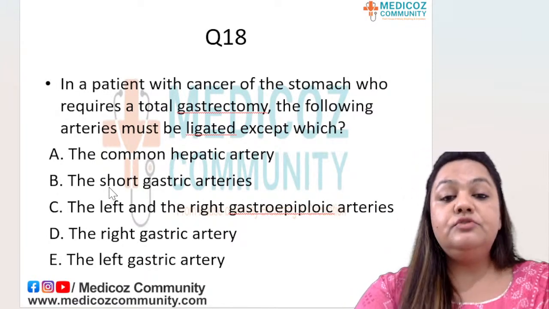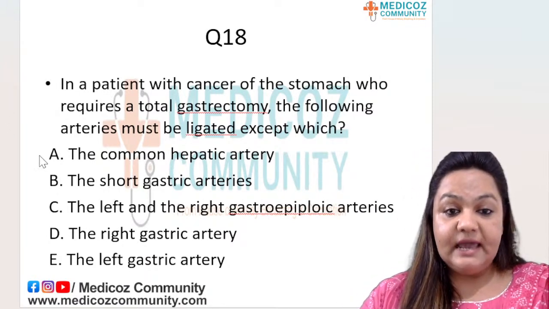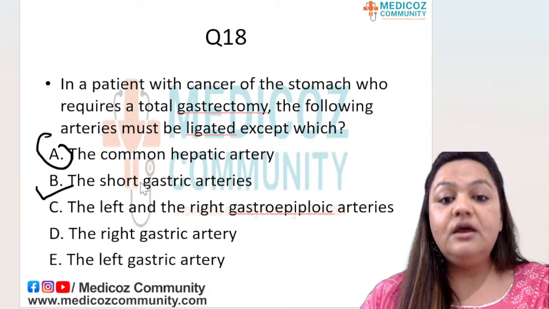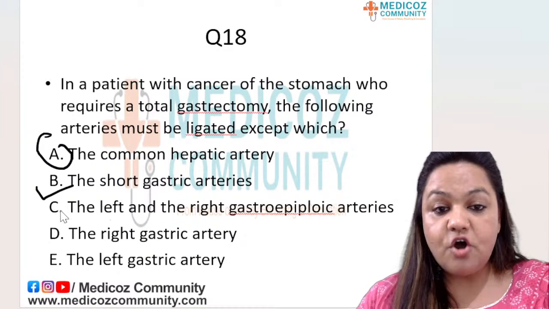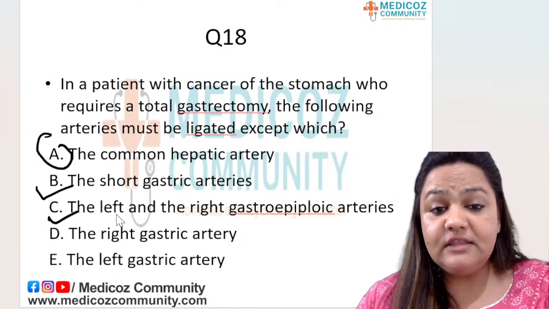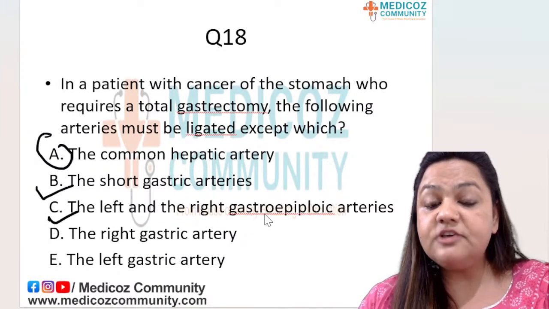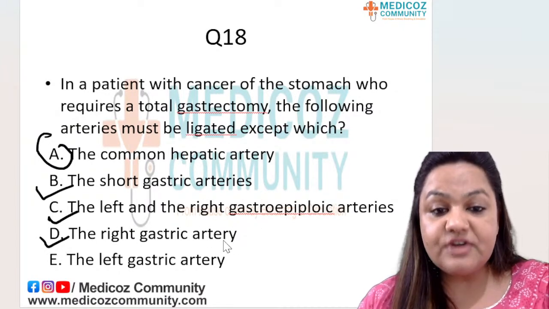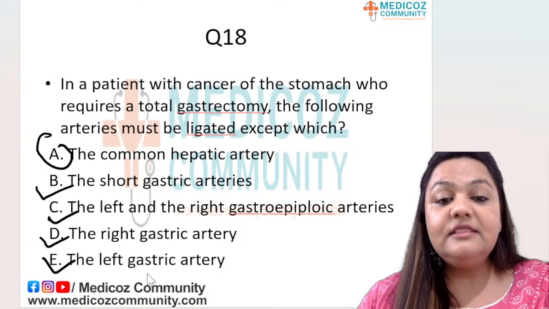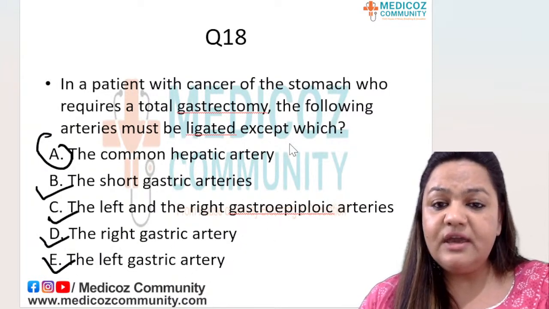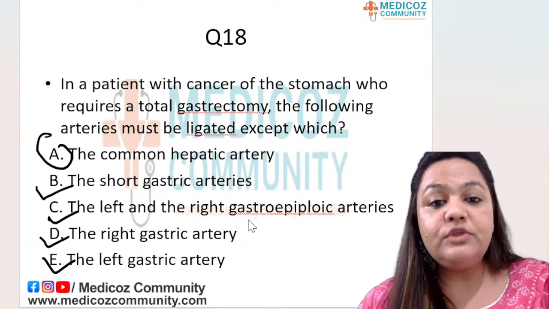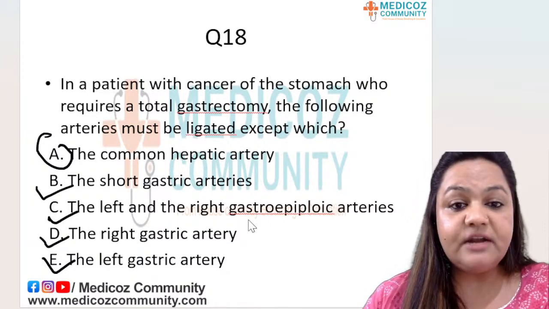The options are: A, common hepatic artery; B, short gastric arteries; C, the left and right gastroepiploic arteries; D, the right gastric artery; and E, the left gastric artery. I know the answer is very simple, and if anyone knows it, please message in the chat box.